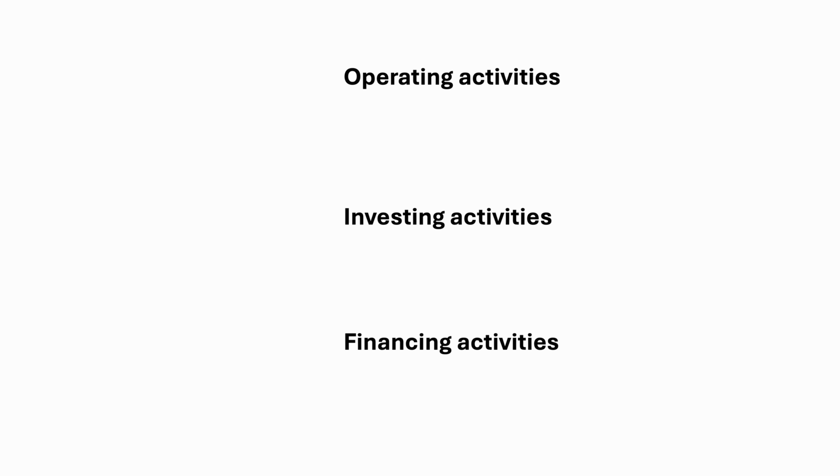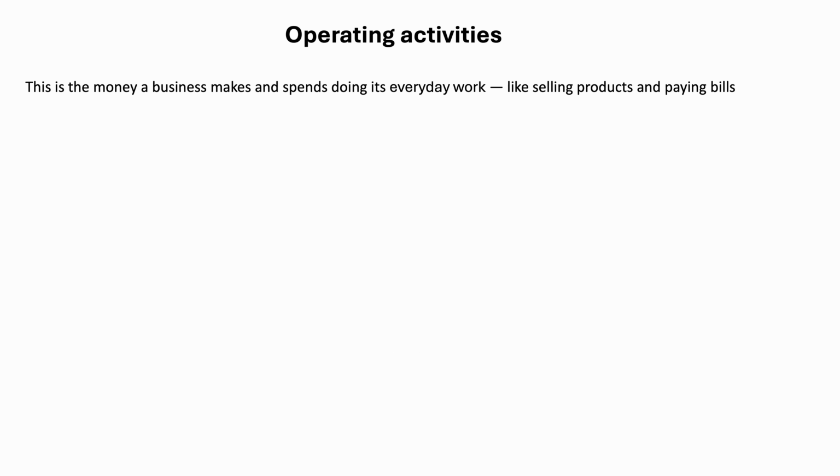The cash flow is split into three main sections: operating activities, investing activities, and financing activities. Let's look at operating activities. This is the money a business makes and spends doing its everyday work, like selling products and paying bills.